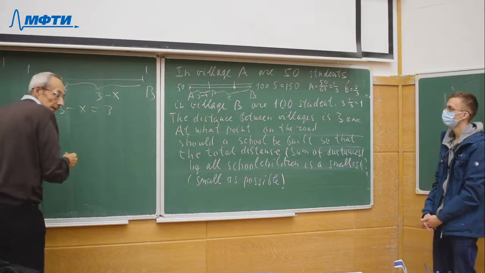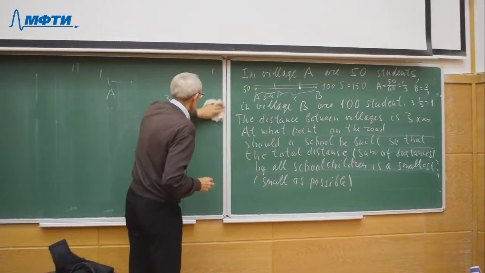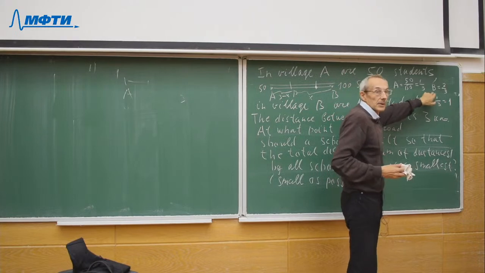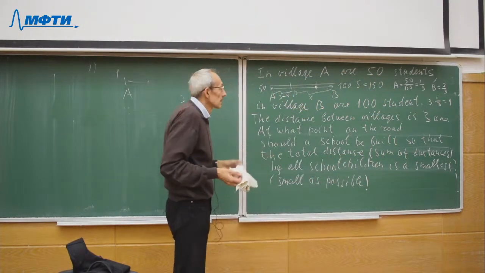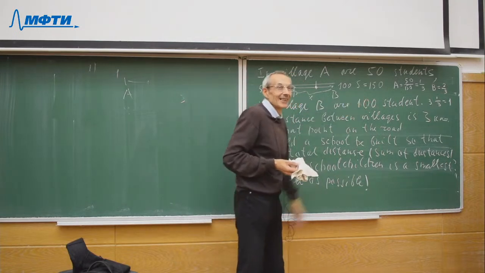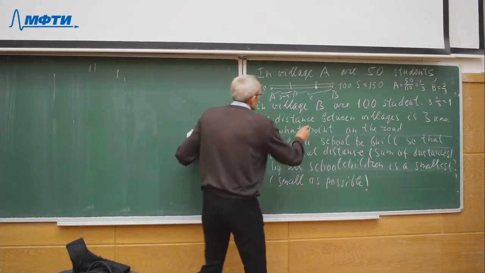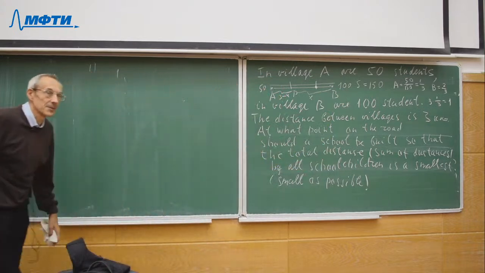And let's calculate the sum of all distances. After that, we can substitute these numbers into our answer and check whether it is the right answer or wrong. Should I sit down? Yes, thank you very much.